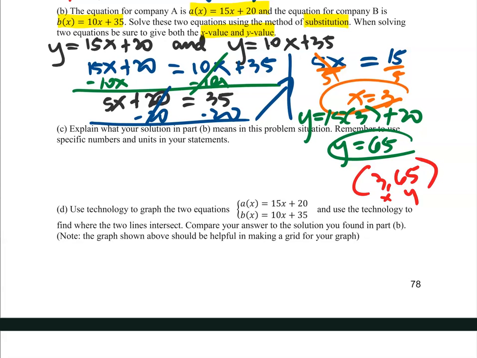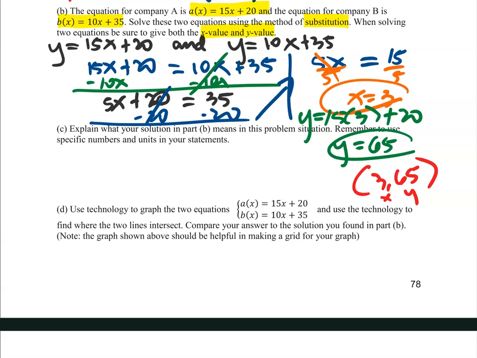And then letter C, explain what your solution in part B means in the problem situation. Remember to use specific numbers and units in your statements. So here, our x values are the number of years since 2000, and the y is your profit in thousands of dollars.